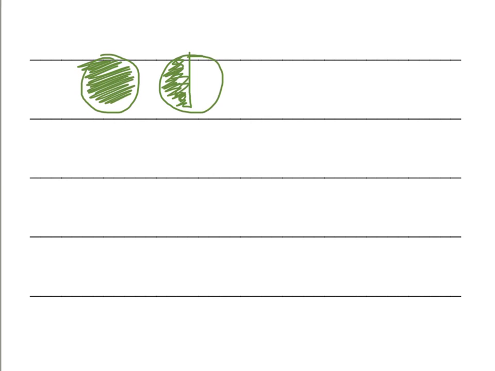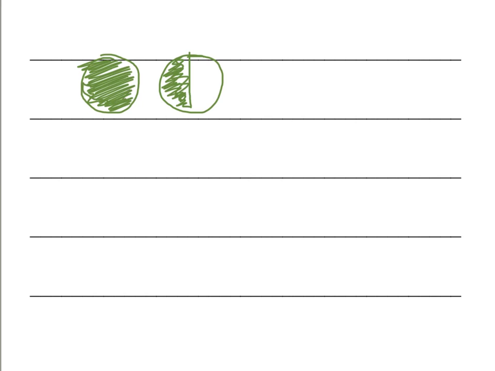Alright, this lesson starts off very easy, so we'll start off with the lesson saying if I have this and this, what mixed number is represented by those two circles?